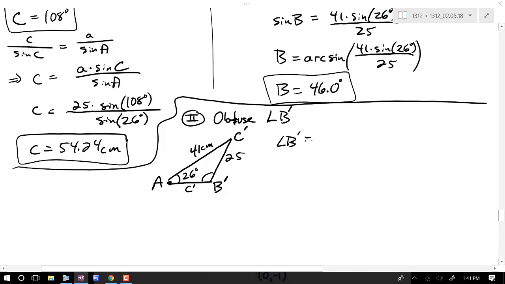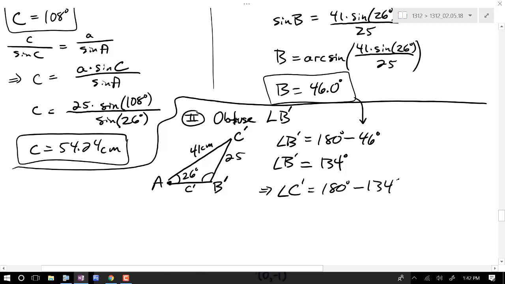So 180 minus the 46 degrees that we found gives us 134. So there's an angle that we know. And if we know that, that means that we can find angle C prime by subtracting these two angles from 180.